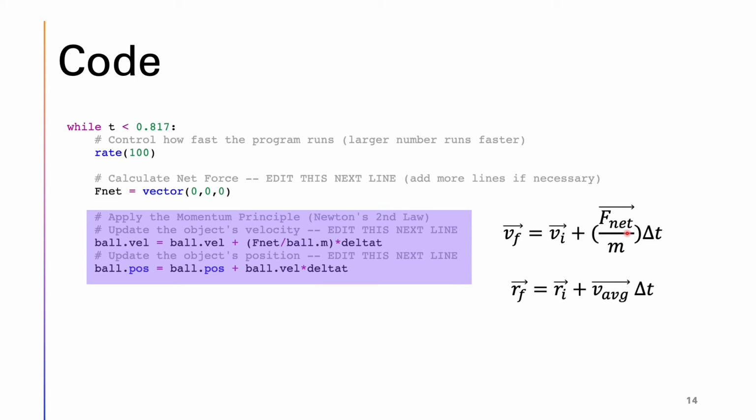Since Fnet is equal to 0, this whole term will cancel out, leaving us with Vf equal to Vi. Therefore, as the while loop is running, the velocity remains constant, knowing Fnet is equal to 0, and the position vector ball.pos will change with each time step where the loop repeats.